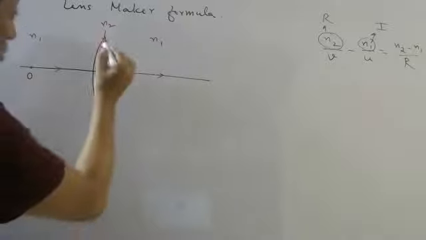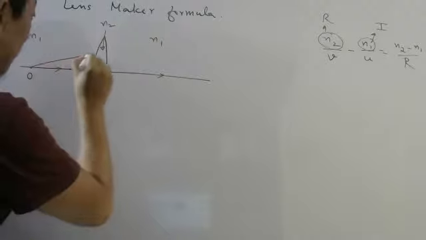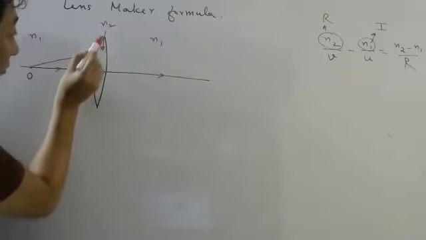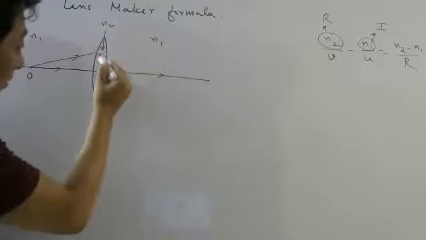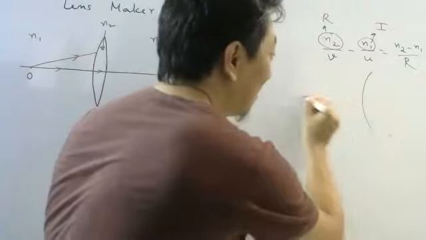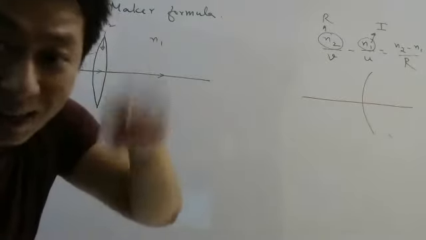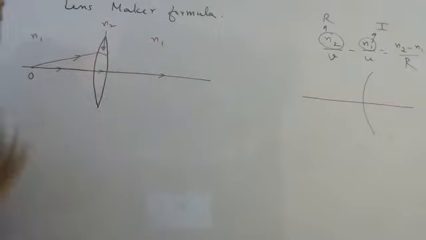Now look carefully. There are two surfaces, one is this, one is this. Be very careful. If you forget the second surface, then this surface is exactly the same as the derivation which we did. You remember? So this surface will bend the light exactly the same way as it did there.